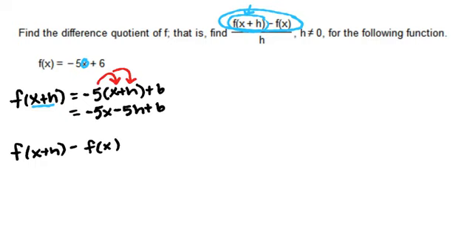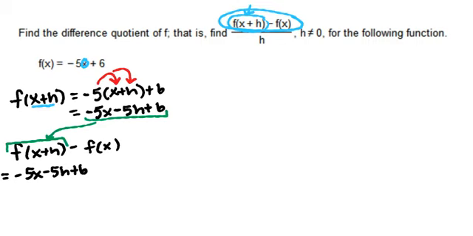So I've already calculated f of x plus h to be negative 5x minus 5h plus 6. And I'm going to put that in this position right here. So that's going to be negative 5x minus 5h plus 6.